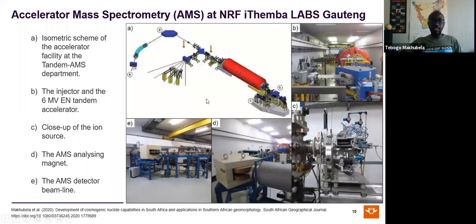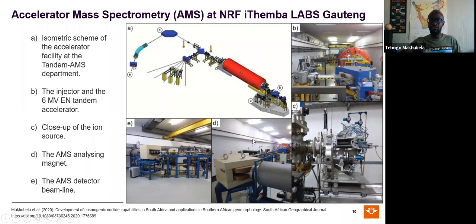iThemba Labs, well, that is the place where the only accelerator mass spectrometer on the continent is housed, at the iThemba Labs facility here in Gauteng. And AMS is actually the only preferred technique for measuring the cosmogenic nuclides. And it is a gigantic instrument.